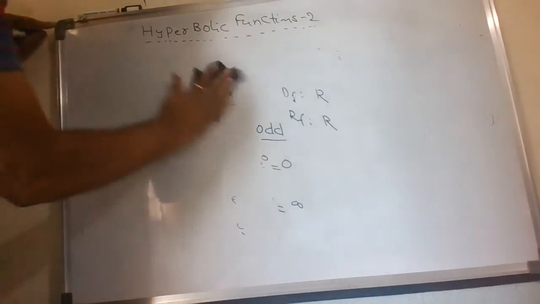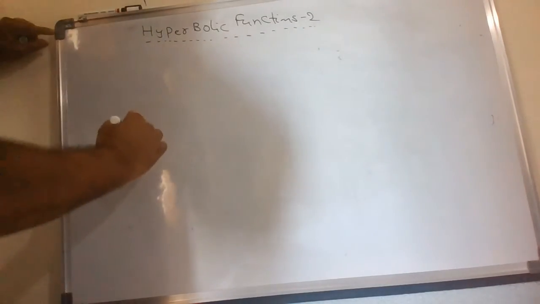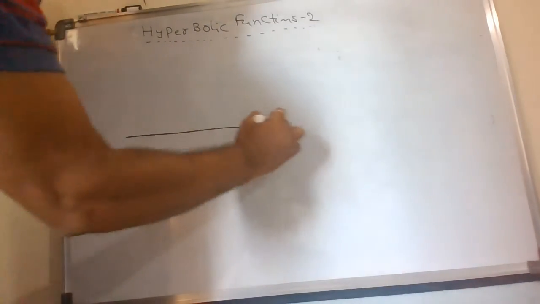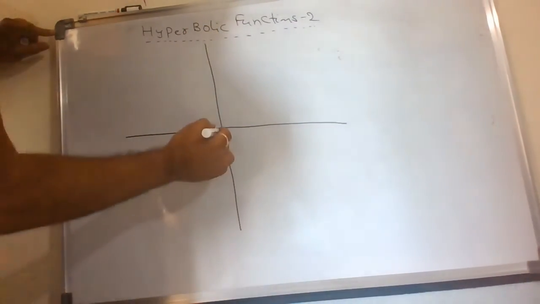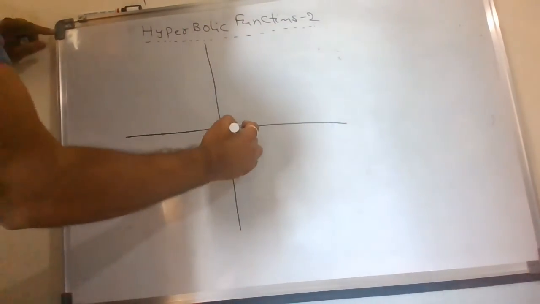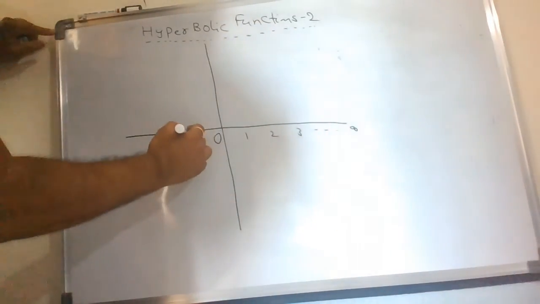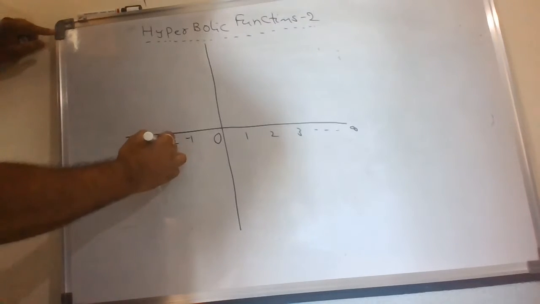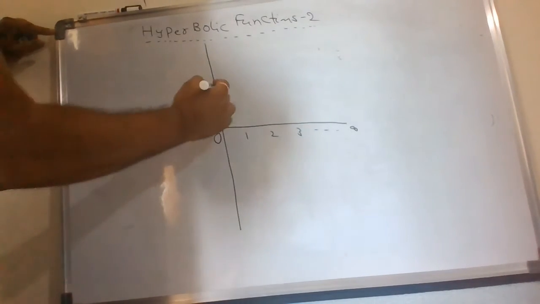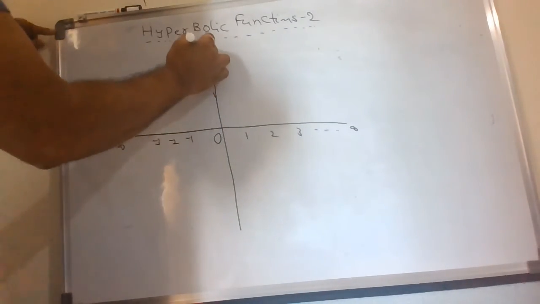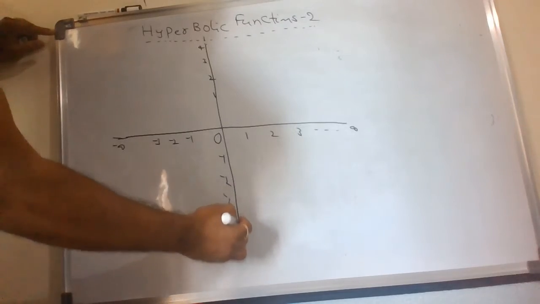By using this, I can picture the graph, taking the horizontal axis and the vertical axis, the y axis. The origin is the meeting point, with inputs 1, 2, 3 up to infinity on the positive side, and negative 1, negative 2, negative 3 up to negative infinity on the negative side. Outputs go 1, 2, 3, 4 up to infinity, and negative 1, negative 2, negative 3 down to negative infinity. When x is 0, y is also 0. Moving along the positive side, y also moves to infinity, stretching up to infinity.